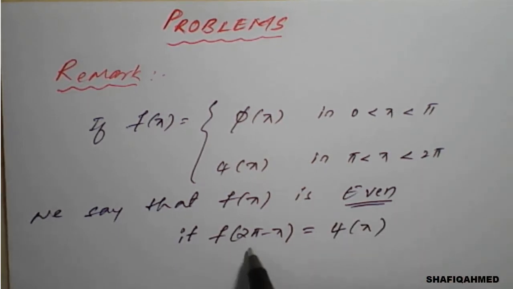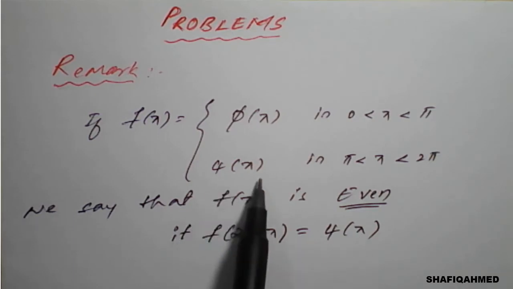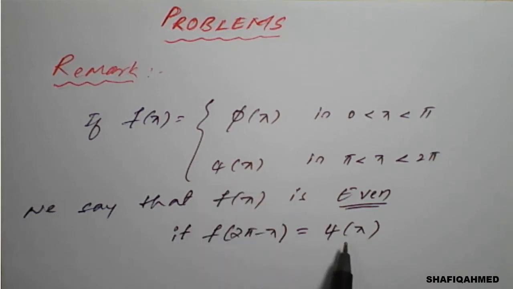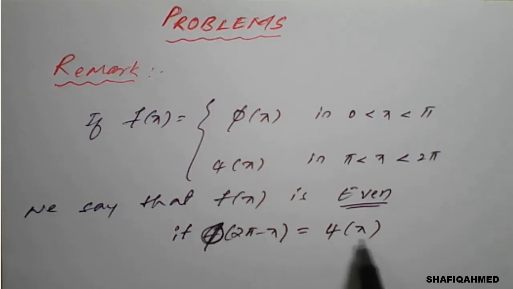If after replacing x by 2 pi minus x that function turns to the other function psi of x, then we call it even.